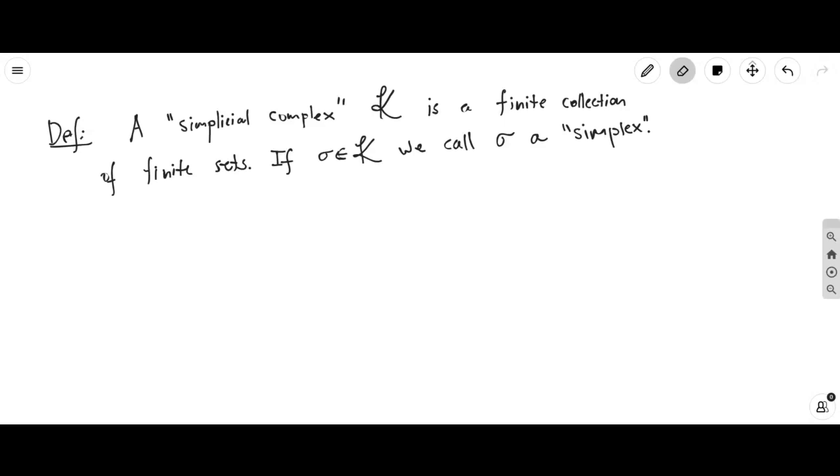And let's also say that if the cardinality of sigma is equal to n, so that's how many elements are in sigma, then we say the dimension of sigma is 1 less, n minus 1.